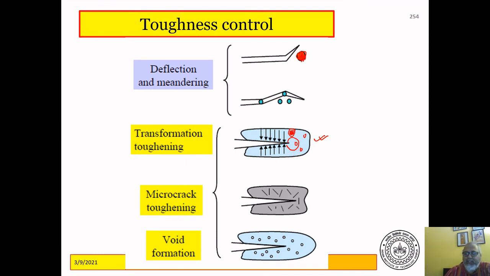The other way to increase toughness is to dissipate the energy. Remember, if I allow a single crack to grow unhindered, then it's going to fracture the specimen. I need to form new crack surfaces for a crack to grow.